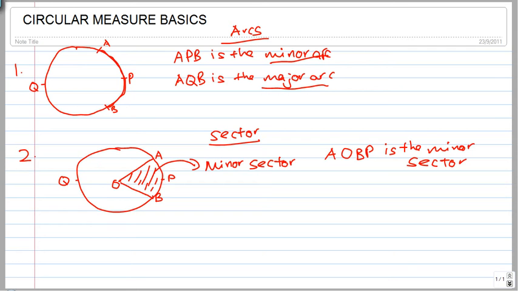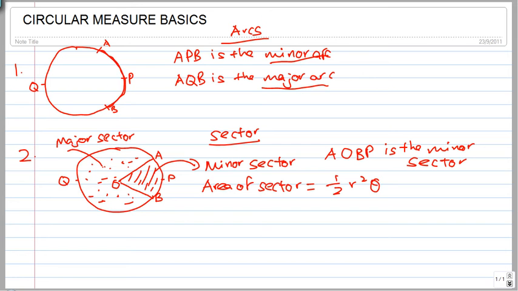Alright, what about this? The part that's not shaded like that, this is called the major sector. The area of a sector can be found by the formula half r squared theta, where theta is in radians.